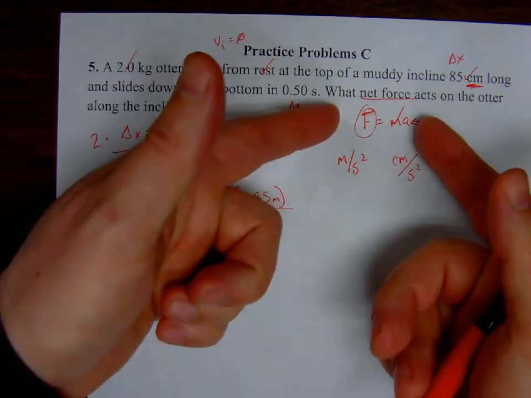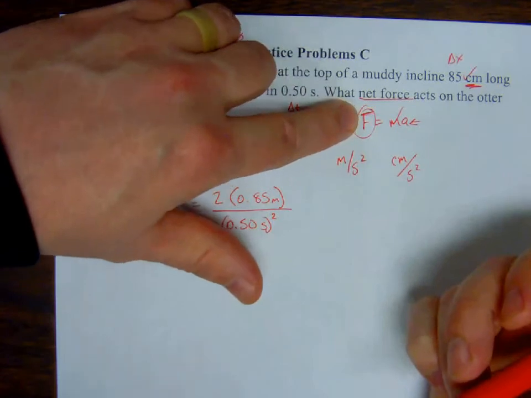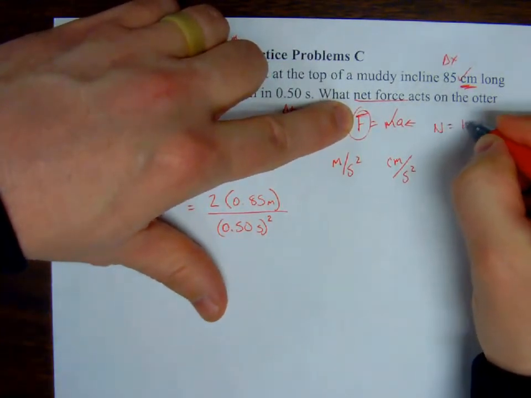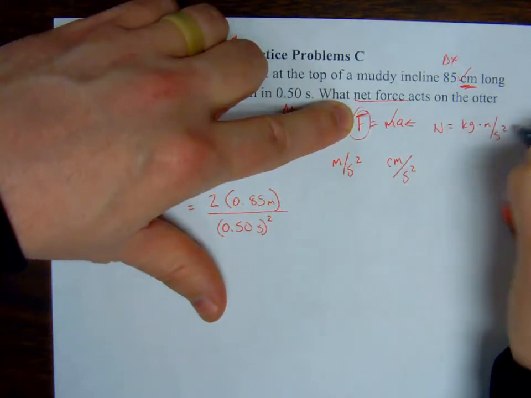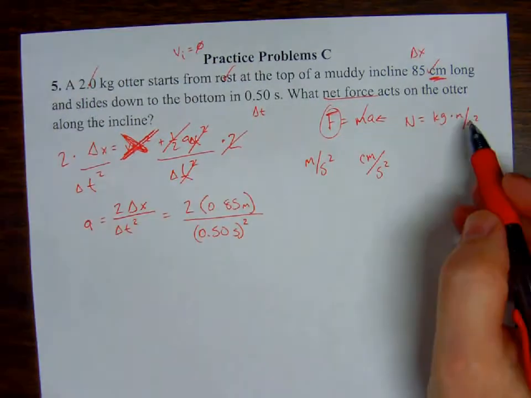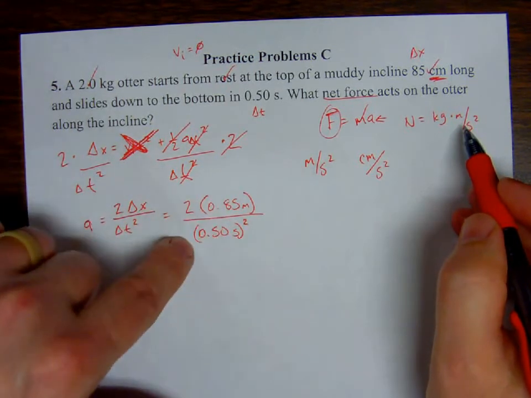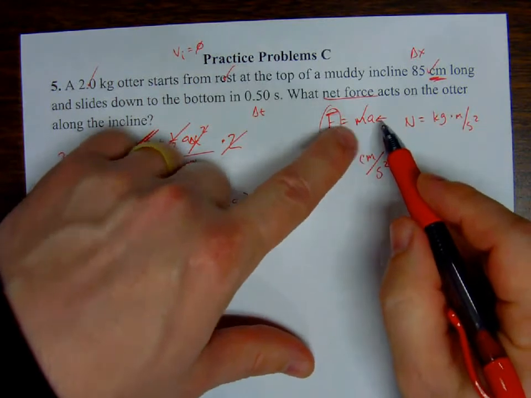If I plug in an acceleration in centimeters per second squared, it's not going to result in the appropriate unit. So before I put this 85 centimeters into this equation, I need to turn it into meters, so all of the units work out appropriately.